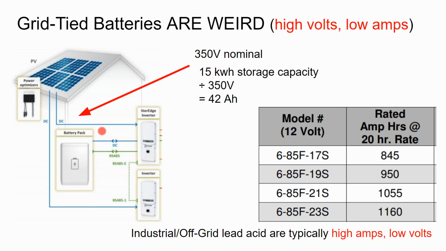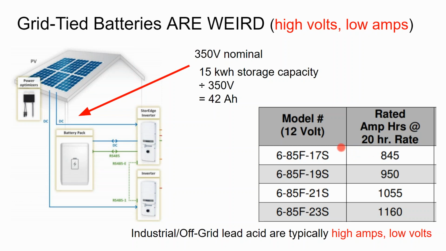Whereas you get into the off-grid arena, and all of a sudden people are talking about lead acid batteries, 24-volt battery banks, 48-volt battery banks. But the lithium ion battery banks are designed to be around high voltage and low amperage. And the real problem with lead acid is that it's designed to be kind of lower voltage and higher amperage.